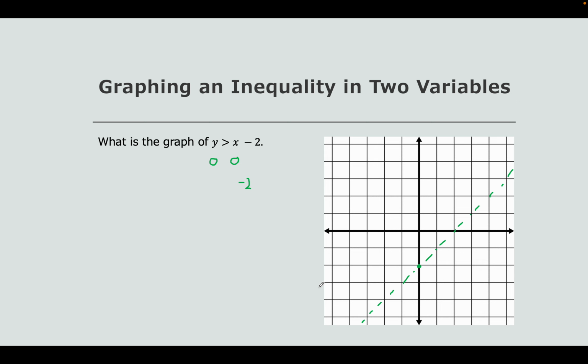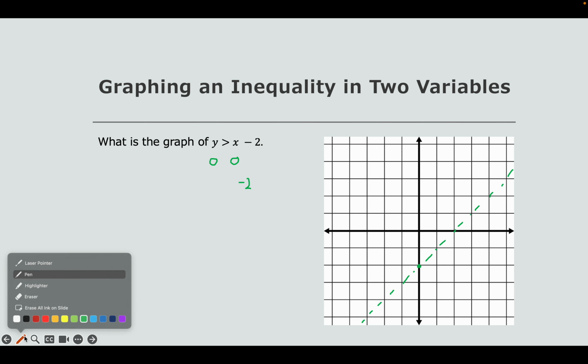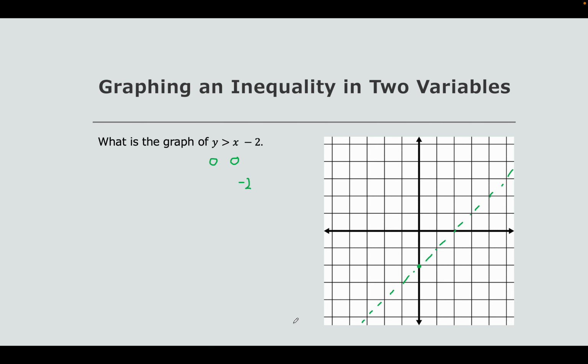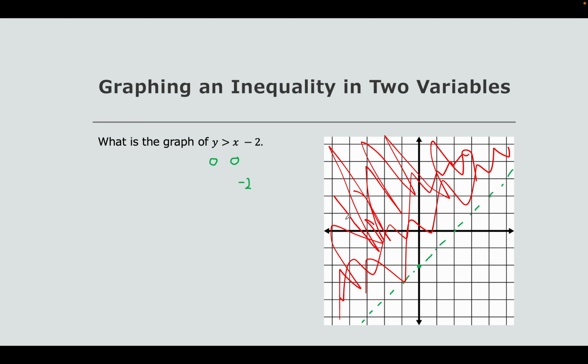So that means, I'm going to use my red pen here, that all of this stuff is, I would use a pencil and shade this in. It's going to look better than it does on the computer. All of these spaces, all these coordinates, all of these are solutions. So with your red pencil, shade that in when you get your paper.